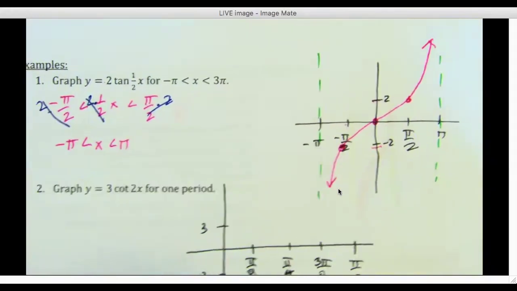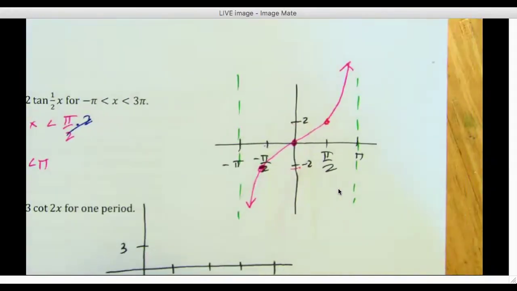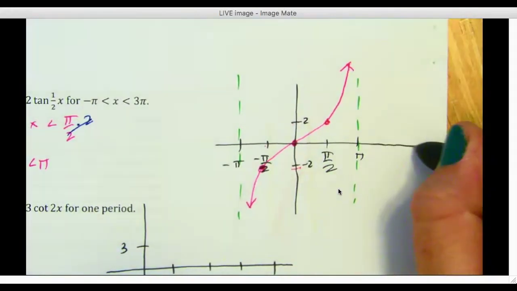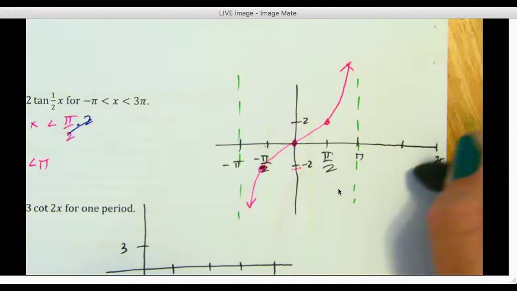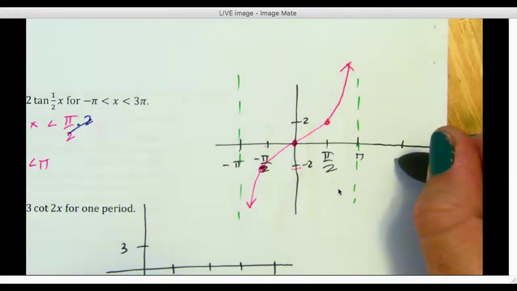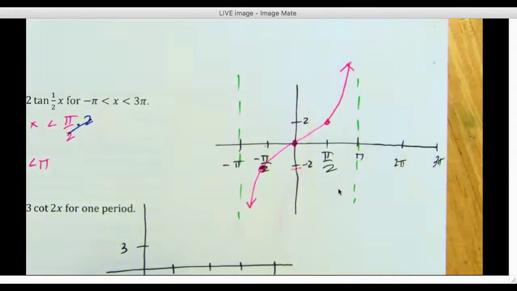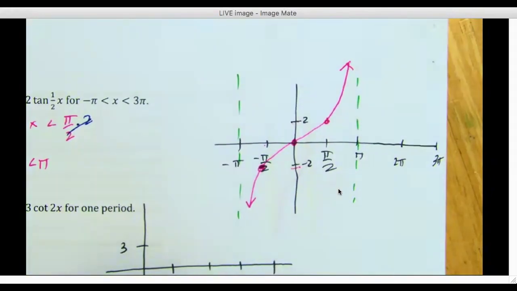I was supposed to graph all the way to 3 pi, but I don't have quite enough room on the edge of my paper here. So it won't be the same width of graph here, but this will be 3 pi and 2 pi. And then from negative pi to pi is a distance of 2 pi. And so from pi to 3 pi is that same distance.